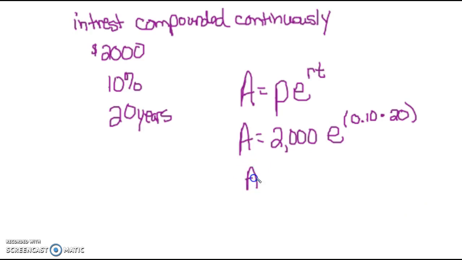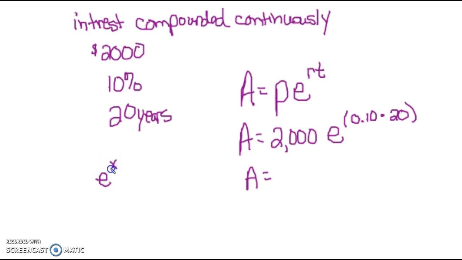If you put this into your calculator correctly, $2,000, and then you press E. You hit the blue button and the LN button.